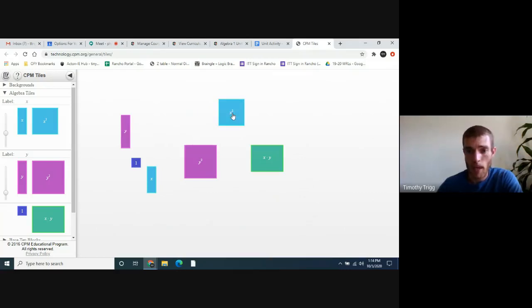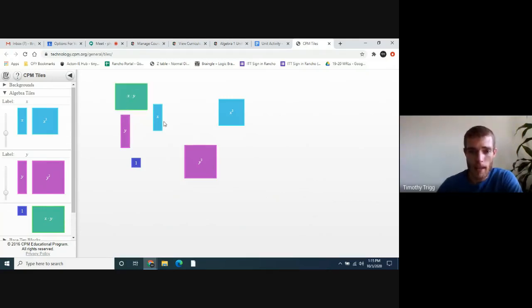The x squared doesn't rotate because it's a square, so when you rotate, it's exactly the same. But some of the other ones are slightly different if you rotate them. To rotate, you double click on them and it'll turn them on their side. So only these three rotate.